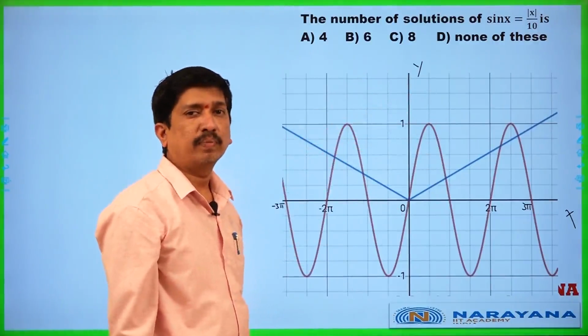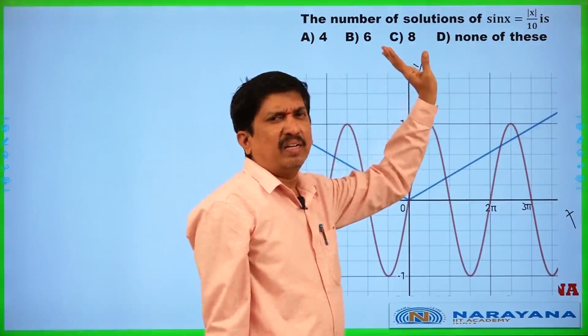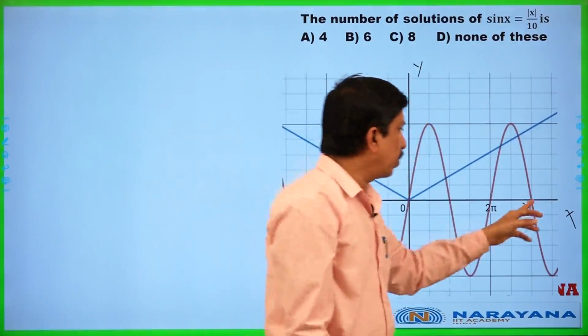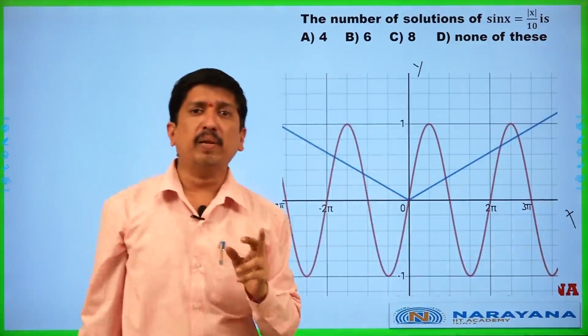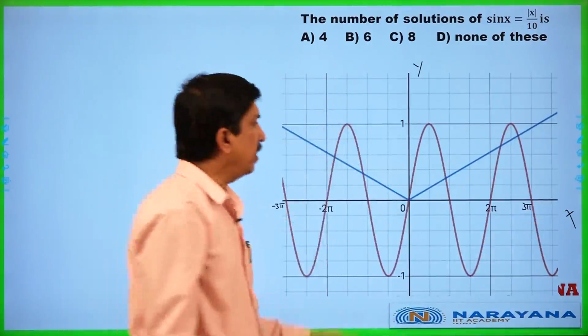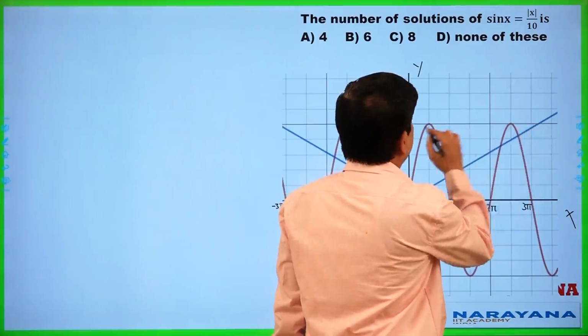Now, if you substitute x equal to 10, 10 by 10 is 1. Where will you get 10? 10 means more than 3 pi only. 3 pi is nothing but 3.1416 into 3, 9 point something, so 10 comes after this. So where it is cutting is at 1.